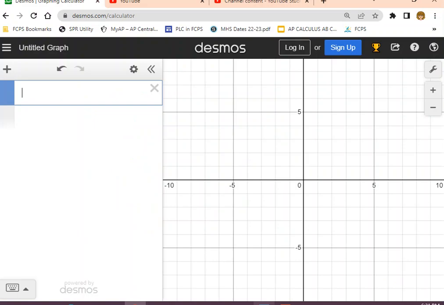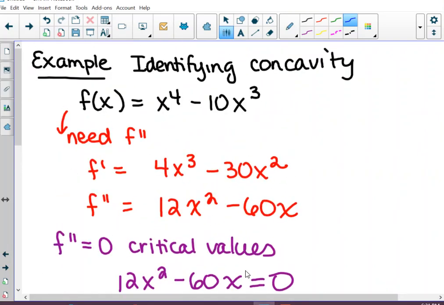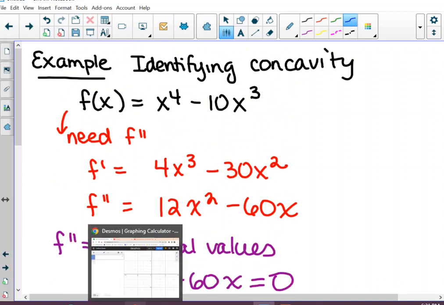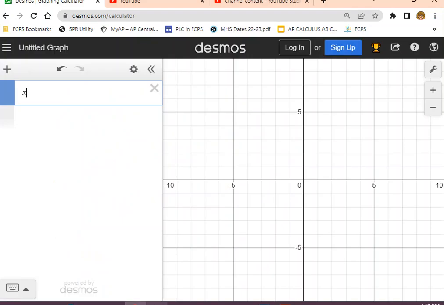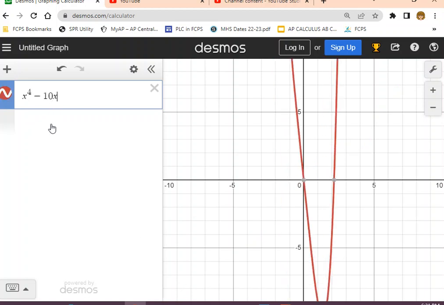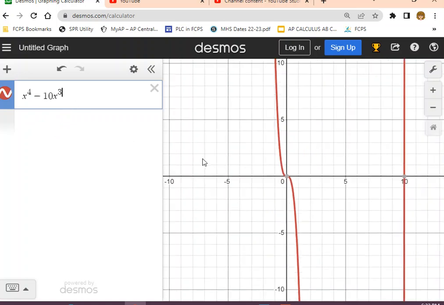Back it up. Hang on. Wait a minute. x to the 4th minus 10x cubed. We've got to make sure we're graphing f if we're going to want to see this. x to the 4th minus 10x cubed.